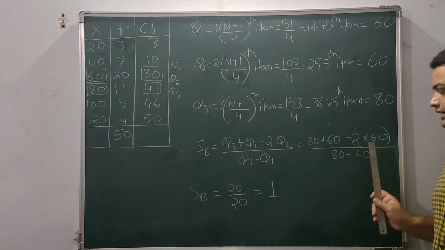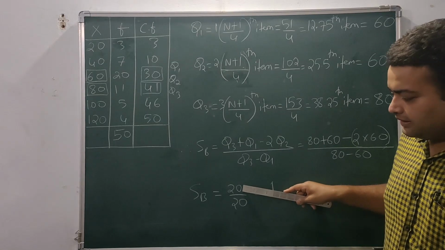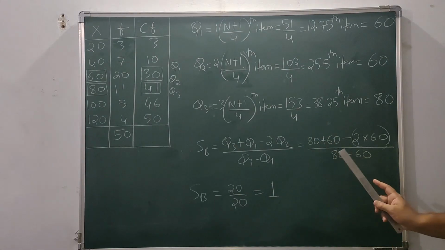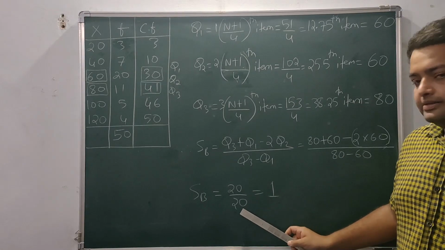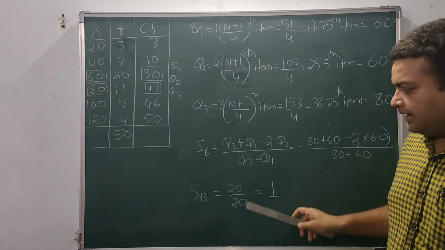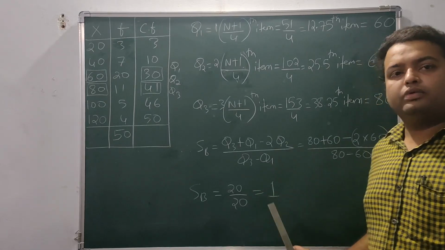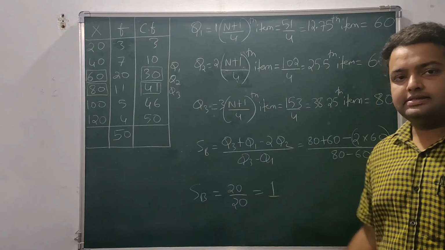So 140 minus 120 results in 20. And 80 minus 60 is 20. So 20 by 20 is equal to 1. The final answer here is 1.